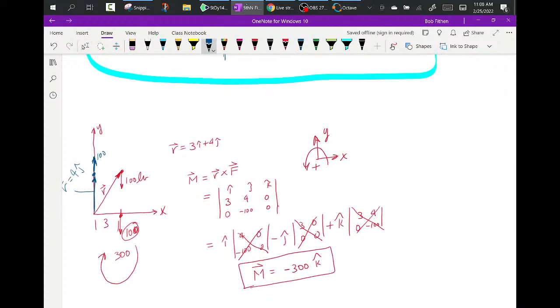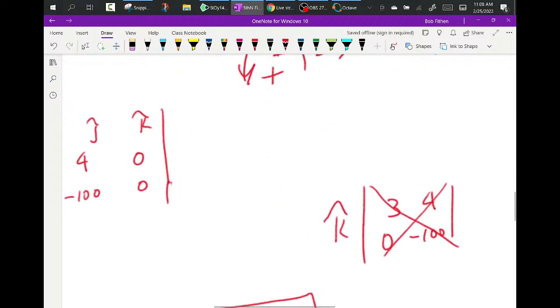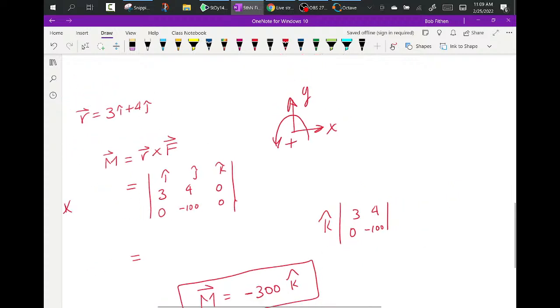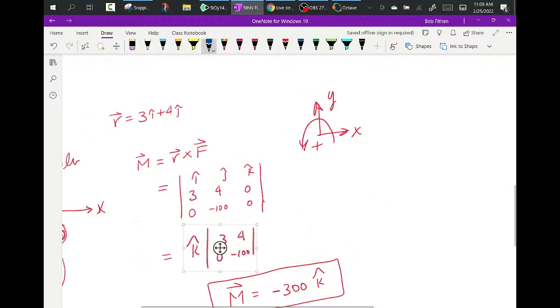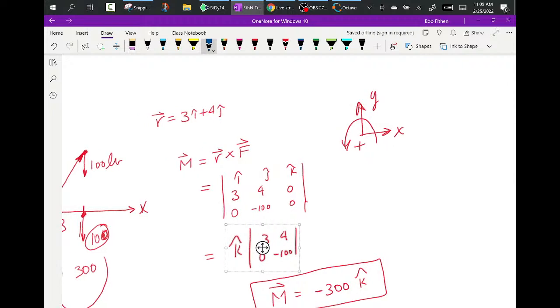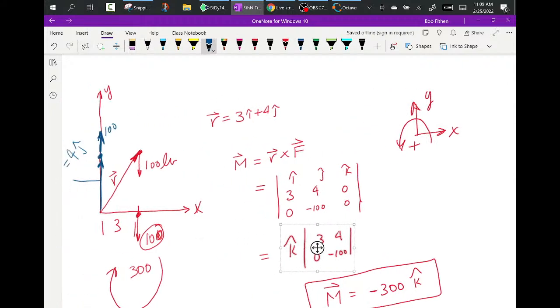So again, I'm going to make use of the fact that this is the case. Go ahead and zoom in, get rid of those 2. I'm going to copy this over to here. So I got my 300, but now I've got another force here.